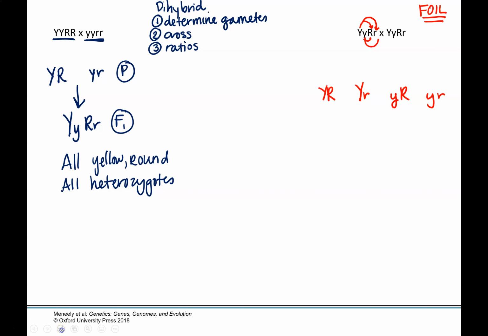Now the other parent is going to be the same. First, big Y, big R, big Y, little r, little y, big R, little y, little r.